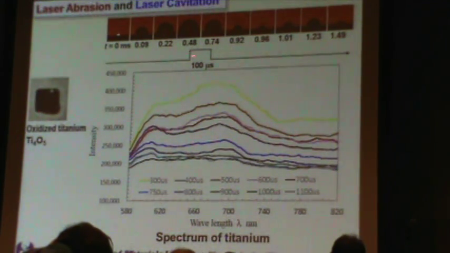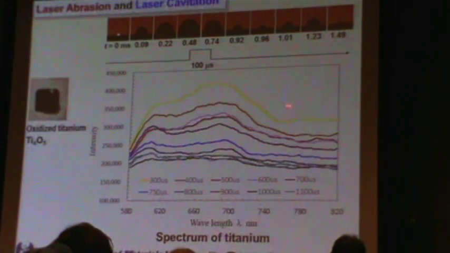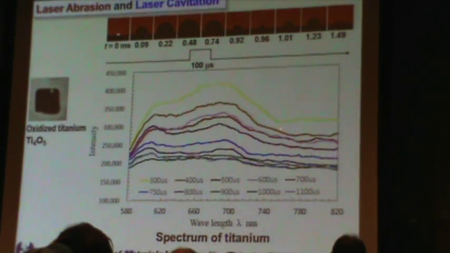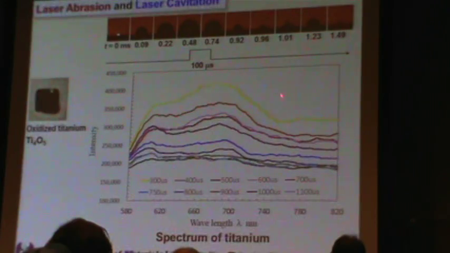So around here, we can still get some intensity. At 300 microseconds, 400 microseconds, under this condition, the bubble developing and collapsing time is about 1 millisecond. So we can still get a very large intensity of light, and then it decreases and decreases.